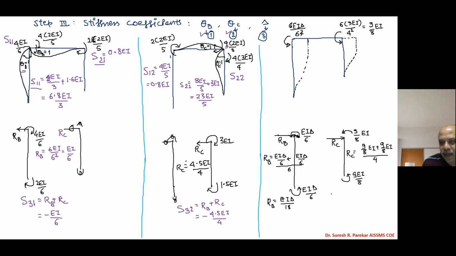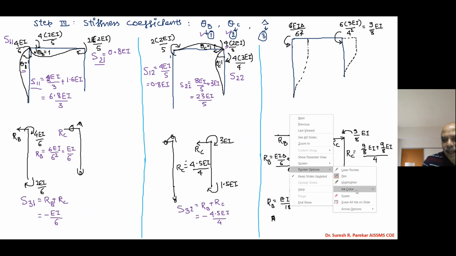And from this we will get value of RC, that is equal to 9 by 4, 16. So we have 9 EI by 16. And then if we add this, we have these values that we will write actually.